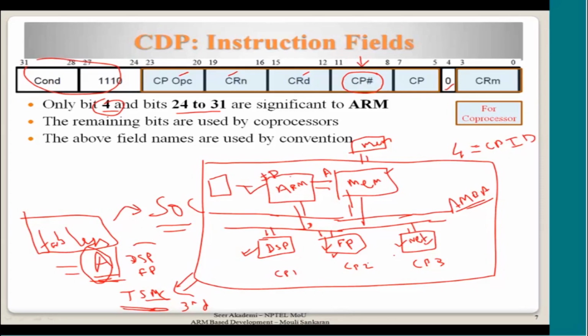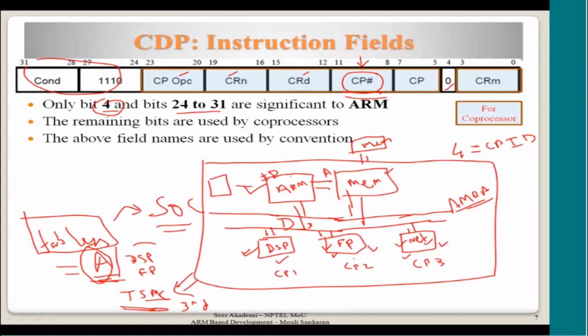Now, if the coprocessors are provided by different companies, they need to have some standard on how they are going to interpret the instructions. Why? The instructions going on this data bus are going to be seen by all of them. Please remember, though the DSP instructions are handled by the DSP coprocessor, they will be seen by this coprocessor also, and by this coprocessor also.